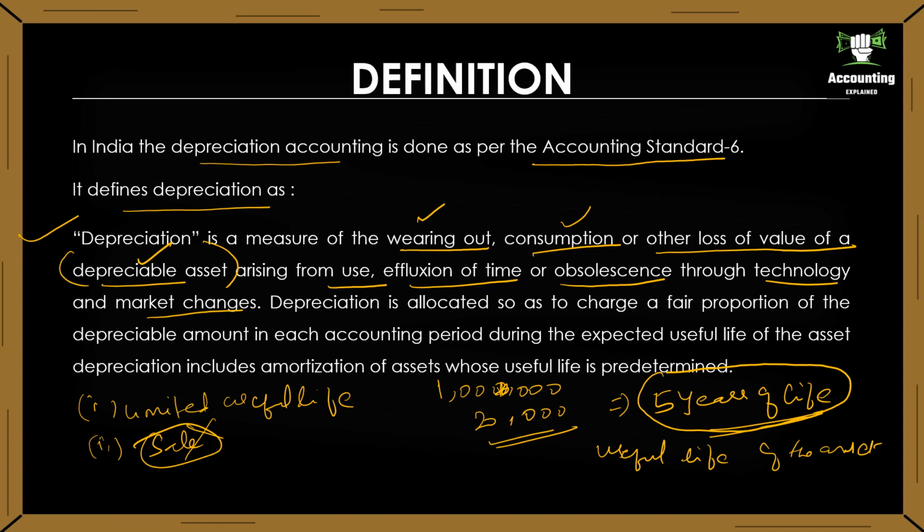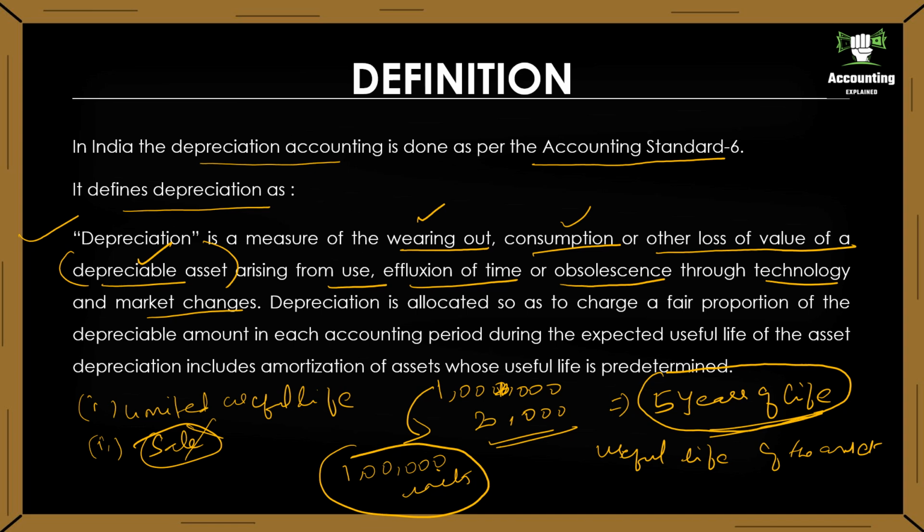Or the number of production or similar units expected to be obtained from the use of the asset by the enterprise. Suppose this machinery which we bought can produce only 1 lakh units. We will use this machinery till it produces 1 lakh units. So that is called the useful life of the asset.